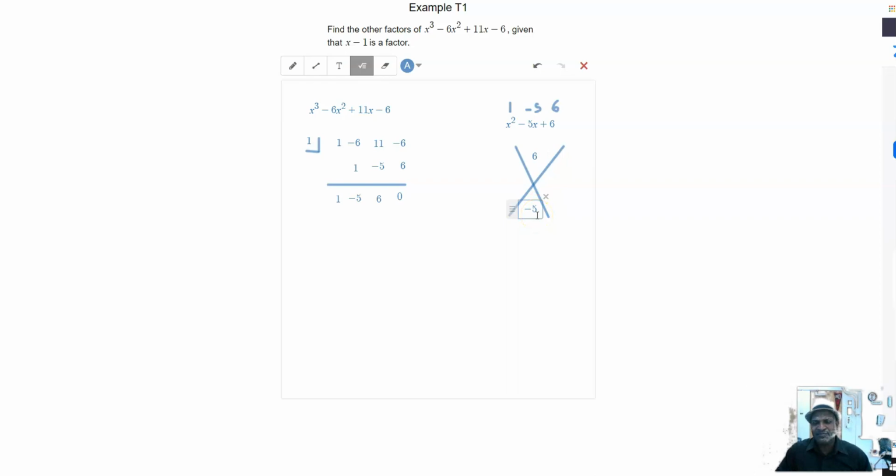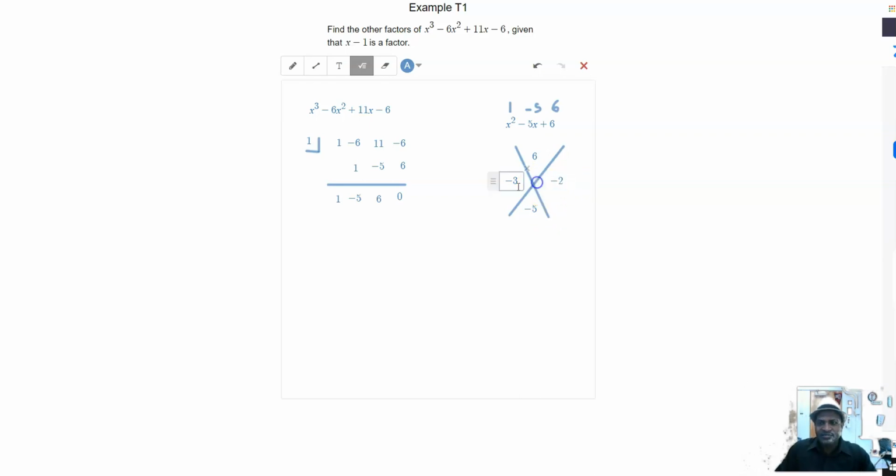Since they multiply to a positive and add to a negative, they both have to be negative. So I'm looking at negative 2 and negative 3.